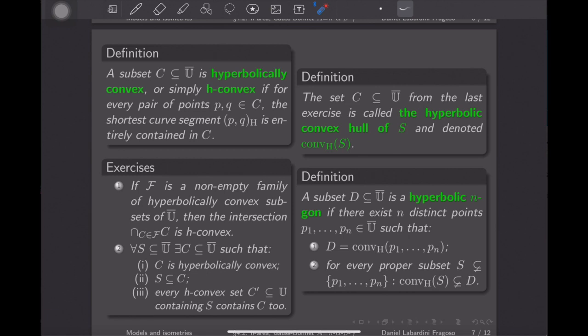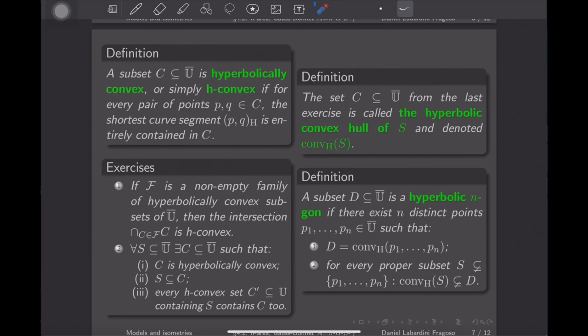So I should expect some properties to be harder to prove or deal with in hyperbolic convexity, again because in the hyperbolic plane I cannot express the points in this segment as a linear combination, lambda something plus 1 minus lambda the other thing. Okay, so that's a piece of warning.